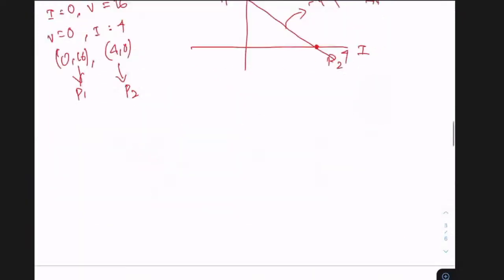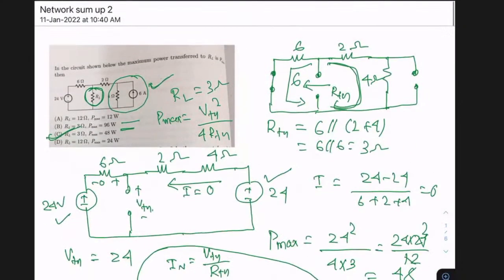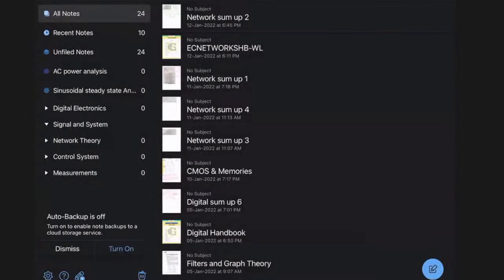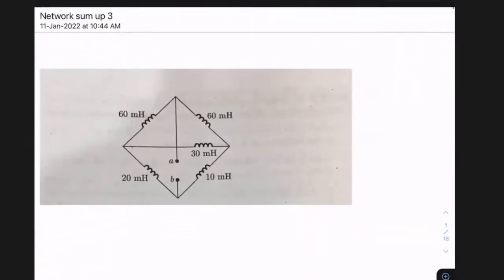This is the kind of question you can expect in the GATE exam from network theorems. If there is a single question from network theorems, most likely it is from Thevenin's theorem or the maximum power transfer theorem.